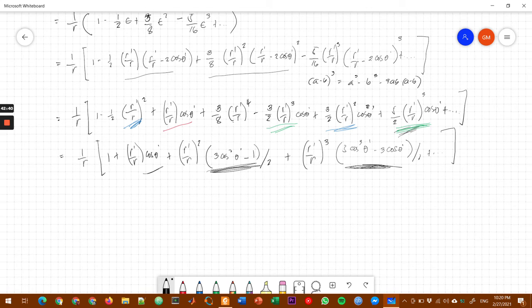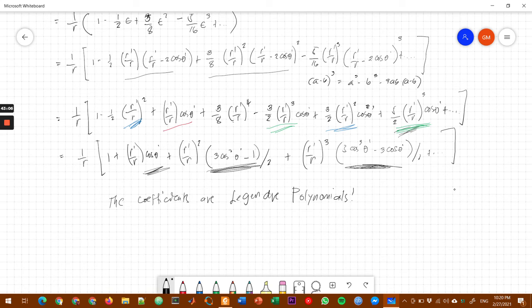So, unsa man na siya nga mga form. So, that's actually, so ang mga coefficients, then extend pa na siya up to 4th, 5th, and so on. If imo siya i-continue ang summation, ang imong series. So, the coefficients are actually what? Legendre polynomial.